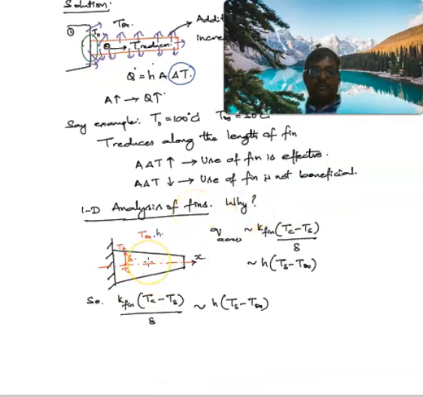For one-dimensional analysis, let me see Q, which has the form k fin (Tc minus Ts) divided by delta. Here the two temperatures are the surface temperature and the surrounding temperature, and delta is the thickness. This equals h delta T, which is Newton's law of cooling.